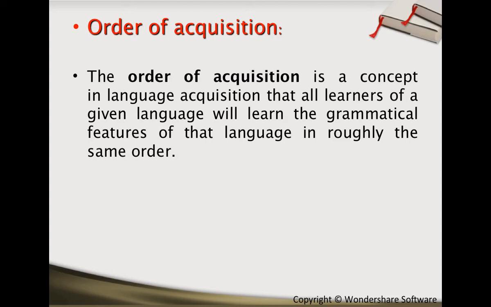Take, for example, a native speaker of Dutch who is learning German. There is a lot of similarity between the two, or Spanish and Italian, Italian and Romanian, because they developed from the same language, Latin. So if there are a lot of similarities, they make a lot of references to their mother tongue.